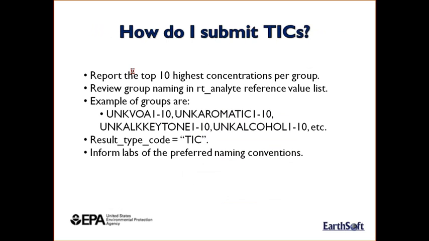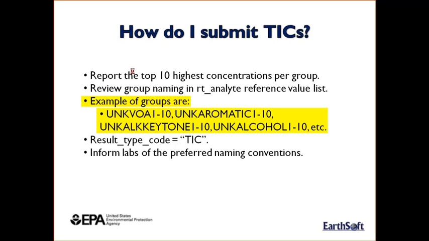Okay, so the way EPA Region 2 and 3 are using the format to handle TICs is they want you to report, in most cases, only the 10 highest concentrations per group. And a group would be, as you can see underneath the example for the group names, unknown VOA 1, unknown VOA 2, unknown VOA 3, so unknown VOA 1 through 10, unknown aromatic 1 through 10.